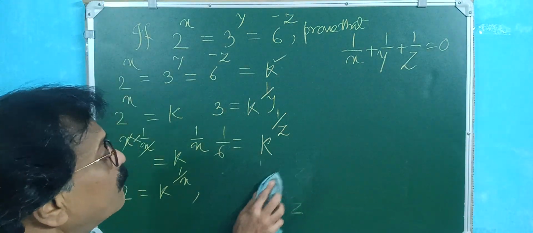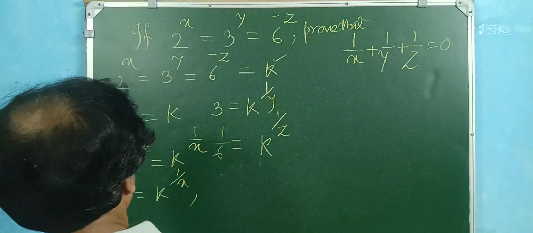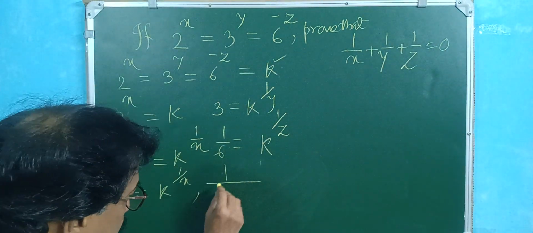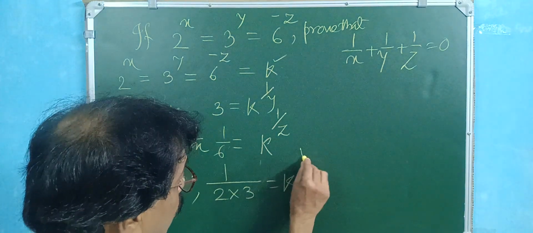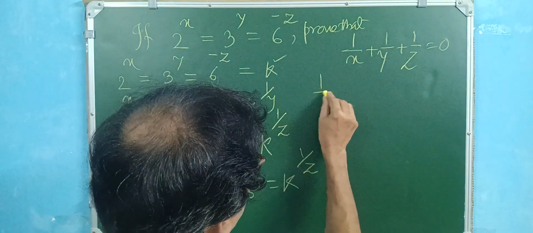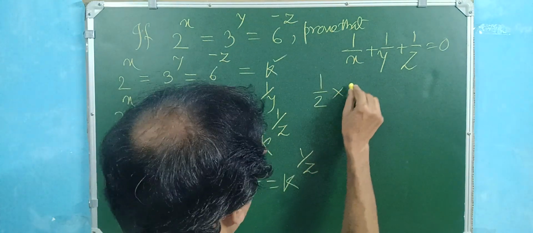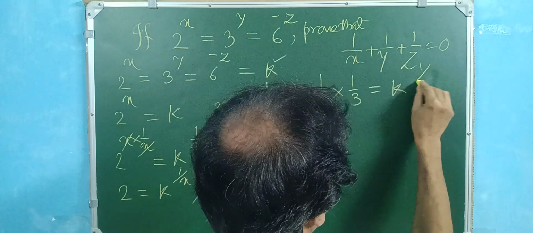Clear? Now 1 by 6 you write as 1 by 2 into 1 by 3, that is equal to k to the power 1 by z.